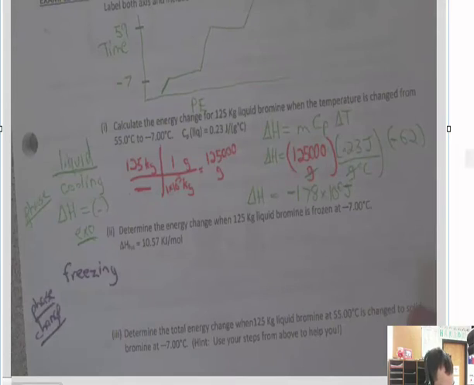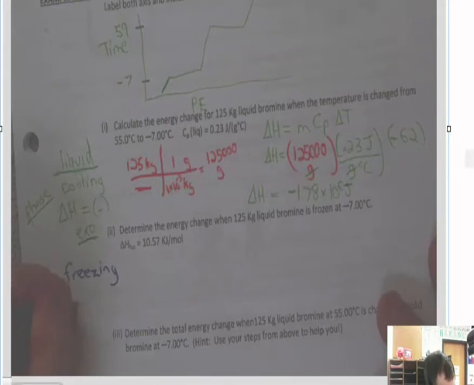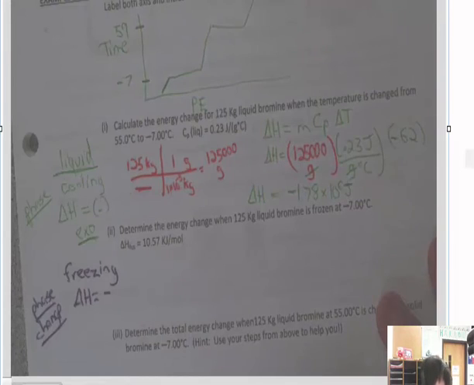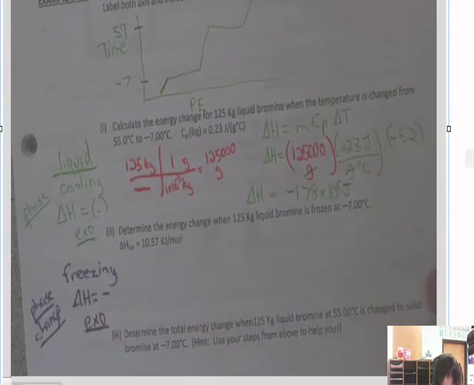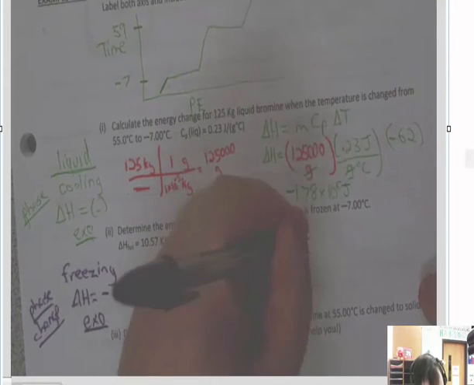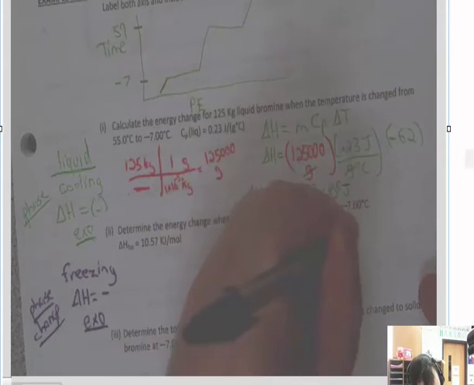So delta H should be negative, because freezing is an exothermic process. This one's even more annoying than the one before. So we're going to do delta H equals the heat of fusion times the moles.